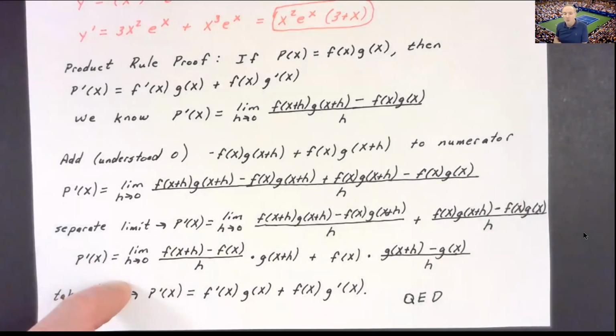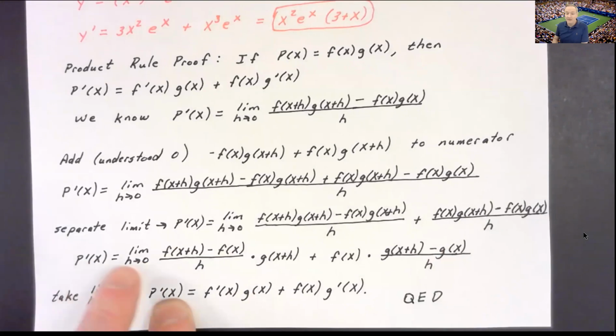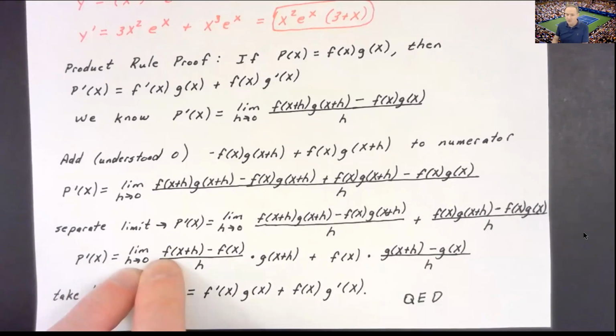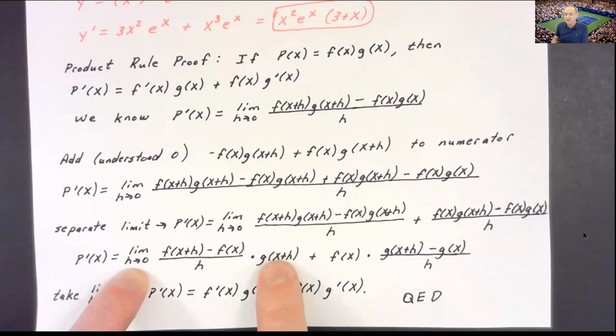So I can go ahead and take this limit as h approaches 0 and say that my derivative of p with respect to x is, and again, remember, this limit as h approaches 0 has been taken. By definition, that is the derivative of f with respect to x. What happens to g of x plus h as h goes to 0?